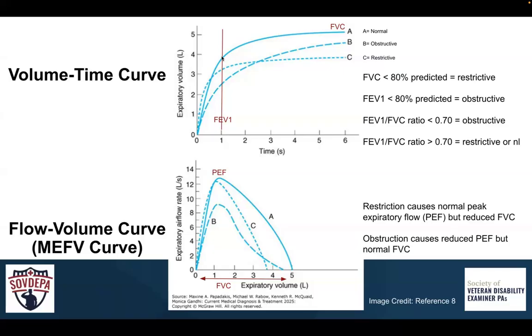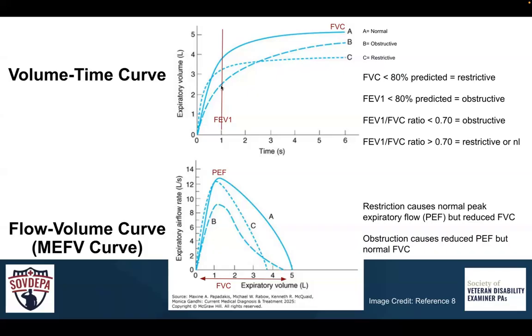In obstructive lung disease, such as asthma, there's obstruction to the air getting out. The air is not effectively getting out of the lungs because of the obstruction. After it gets through the initial obstruction, then eventually it kind of catches up to the forced vital capacity.